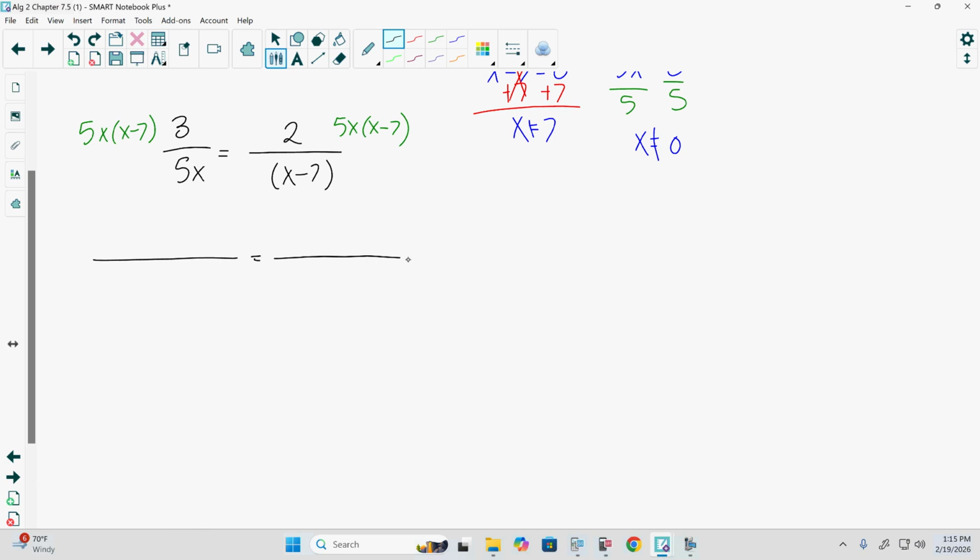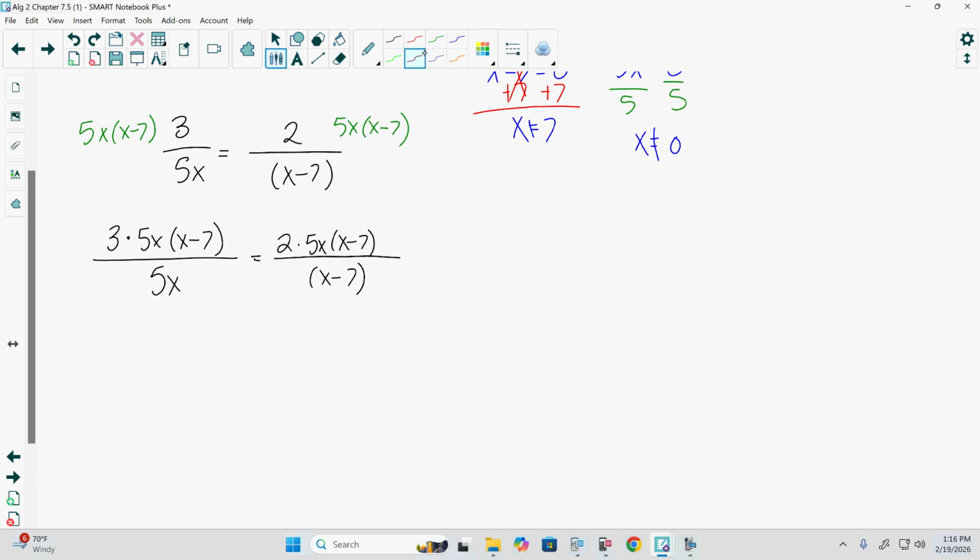We're going to be multiplying our 5x times x minus 7 and our 3. So we're saying 3 times 5x times x minus 7, and it's over 5x. On the right-hand side, we have 2 times our 5x times our x minus 7 over x minus 7.